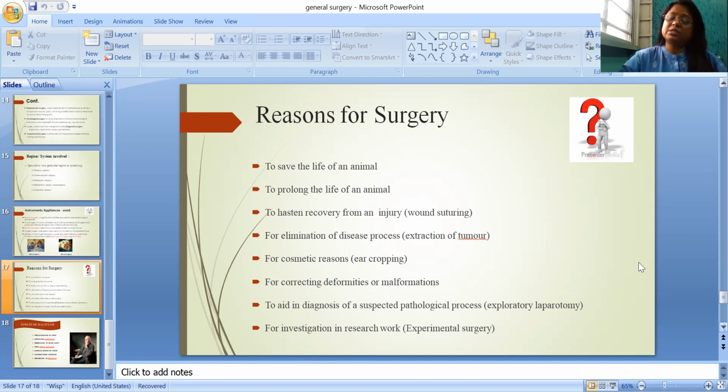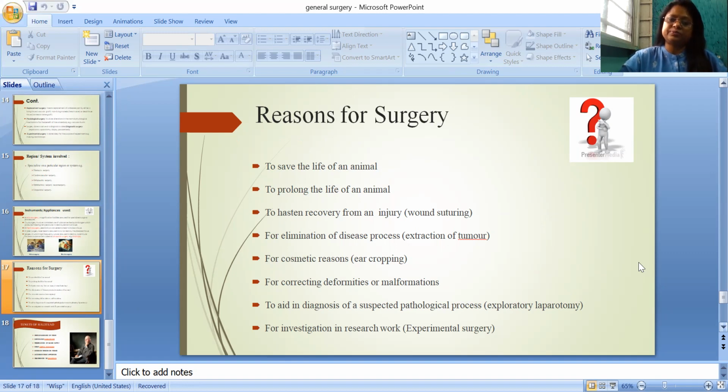Also in case of cesarean section, if there is a severe condition, if the fetus is dead in the uterus, then you have to do surgery immediately to save the life of the animal. Another is to prolong the life of an animal. In case of tumor, if you remove a tumor, then you prolong the life of the animal, right?